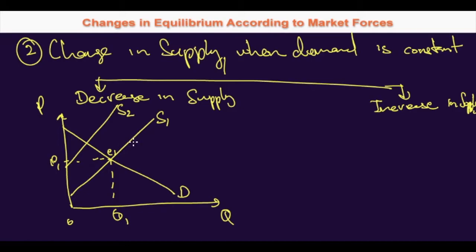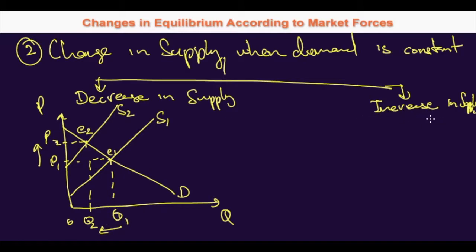As you can see, it's moving to the left. So less products are supplied to the market. And you can see the new equilibrium is going to the left also in E2. And the price point P2 is higher, from P1 to P2. And there are less goods supplied to the market because there is a decrease in supply. So it's going to be from Q1 to Q2.